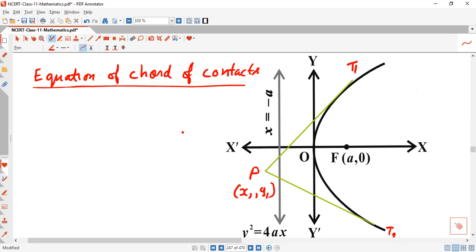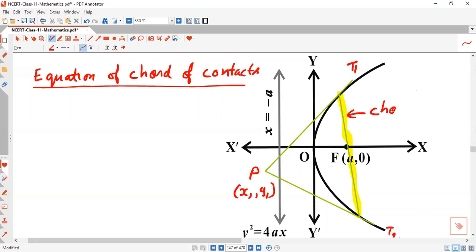These two tangents meet at the point, and they have points of contact, and these points of contact give us another equation, the equation of a chord. This is the chord of contact. I highlighted this one.